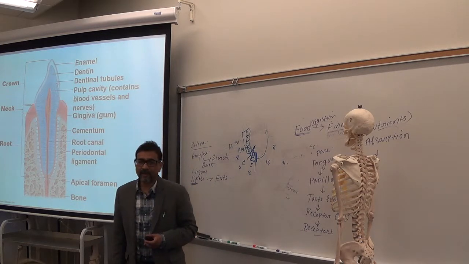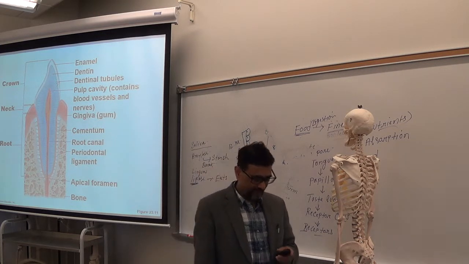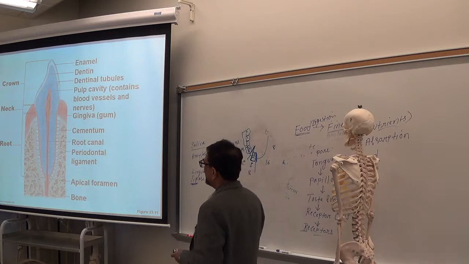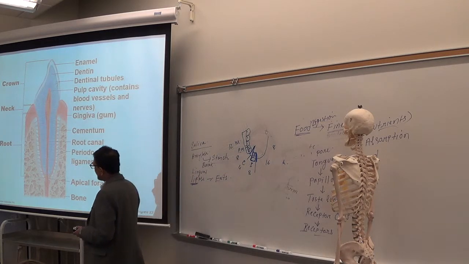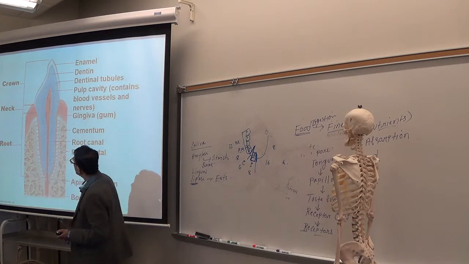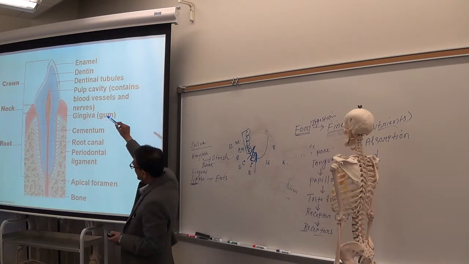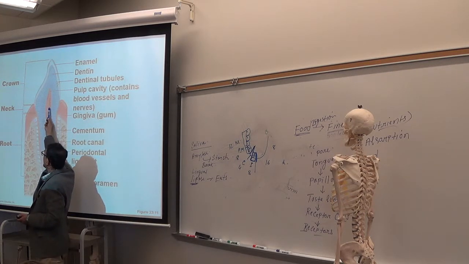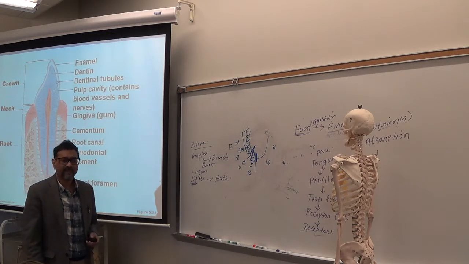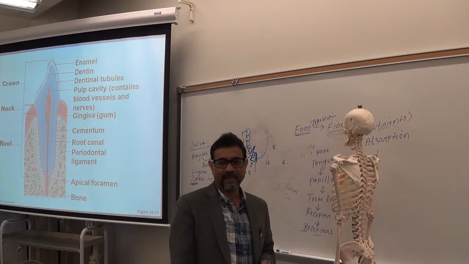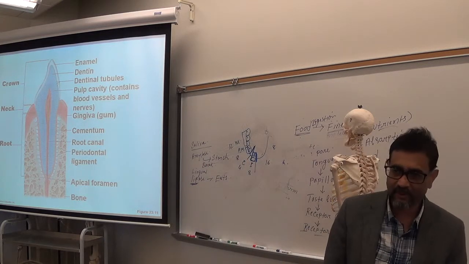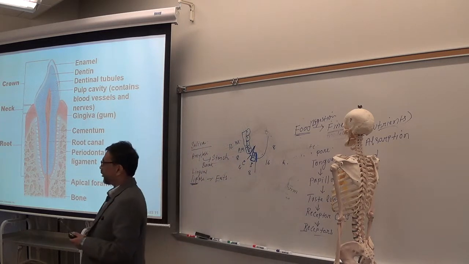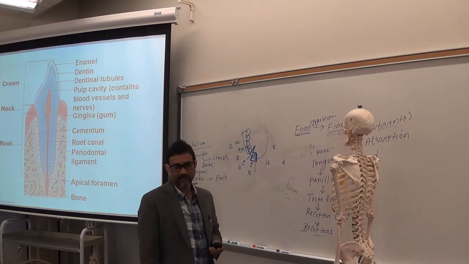Then inside, under the enamel, you have dentin. Dentin is everywhere. Enamel is only the covering of the crown. And then the innermost part is the pulp cavity, in which you have the pulp, soft tissue, with the blood vessels and nerves. So enamel, dentin, and pulp in the pulp cavity.